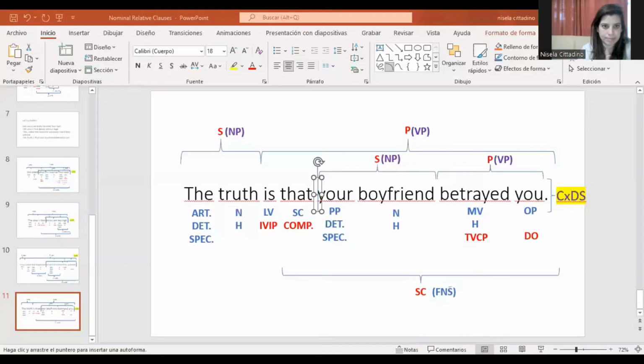Okay, we're going to continue correcting the sentences that you had to do about nominal relative clauses. I have to clarify something.